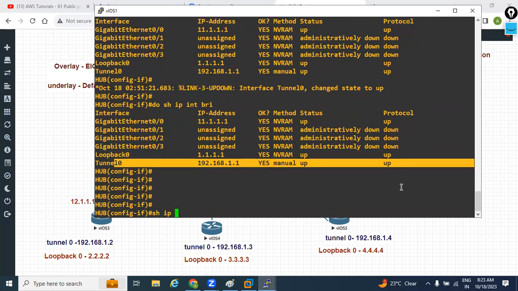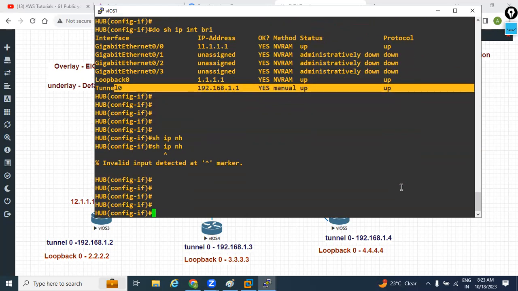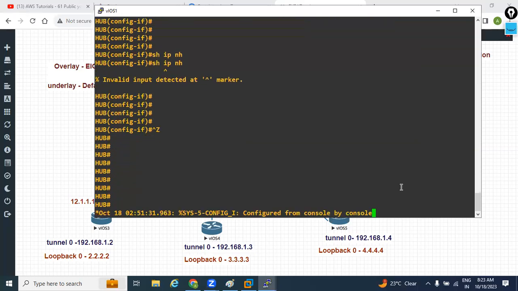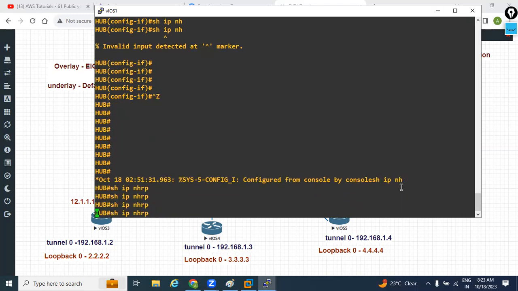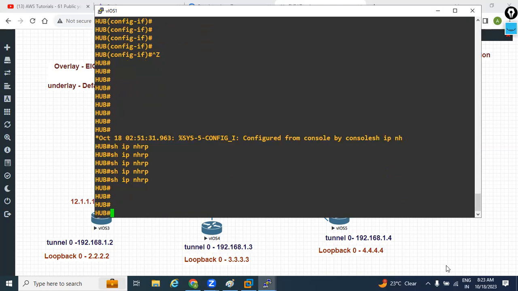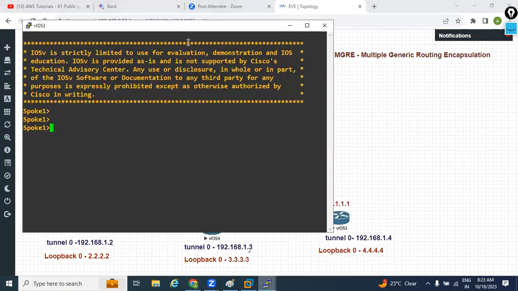Okay. But show IP NHRP, because I have just enabled NHRP but have not done any kind of mapping. Show IP NHRP. Is there any entry? No. Okay, let's get back to spoke 1.